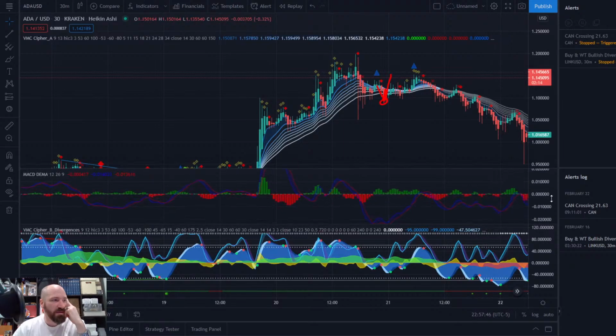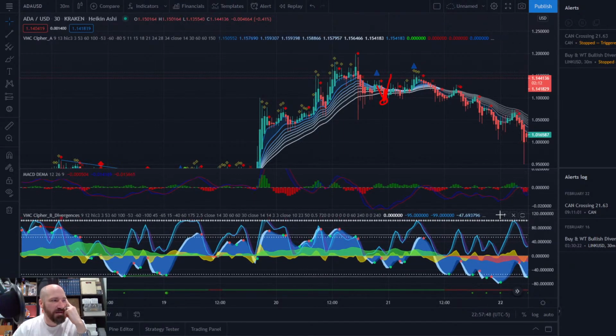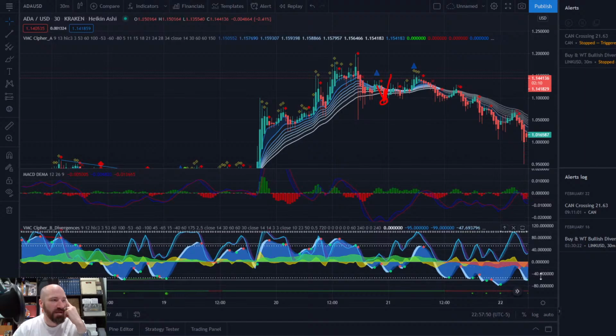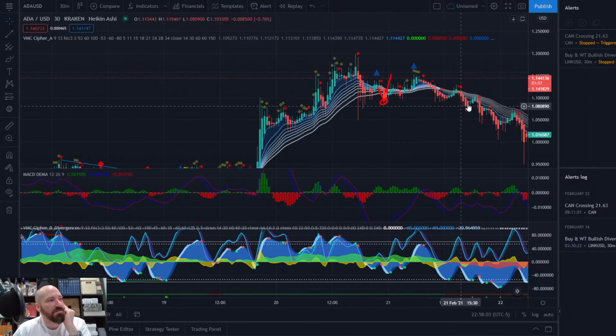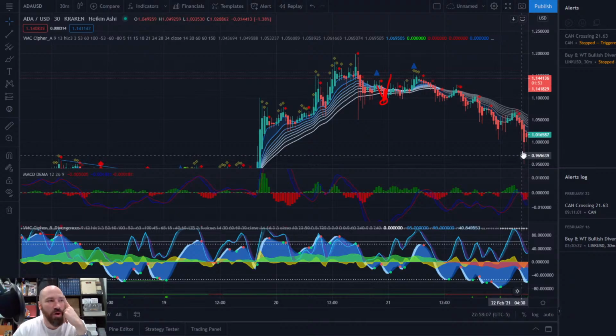Now, you're looking at Market Cipher right now. This is the way it looked when I purchased, okay? This looks perfect, right? Came down, came down, came down, a big down, and it was a blow off bottom.